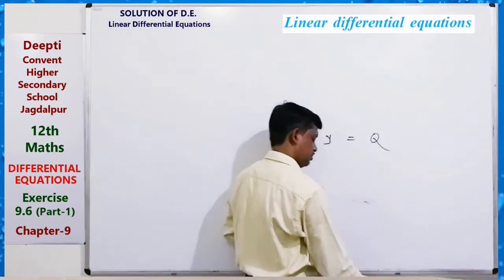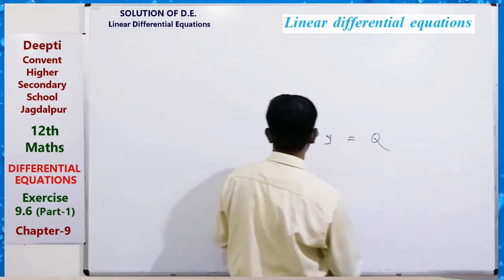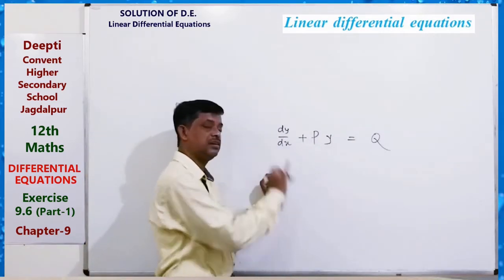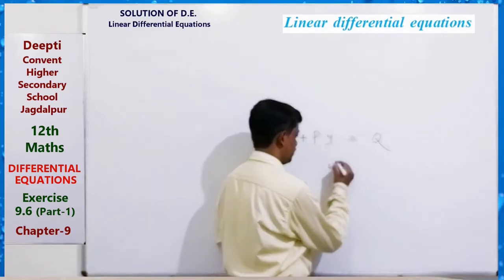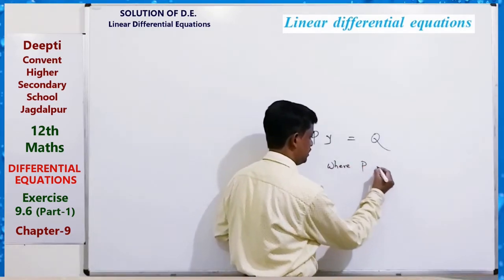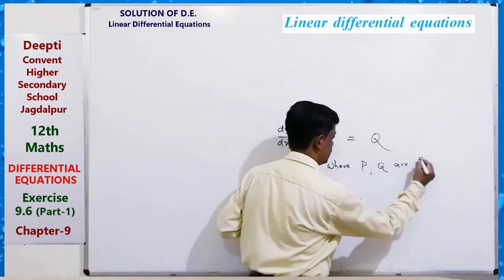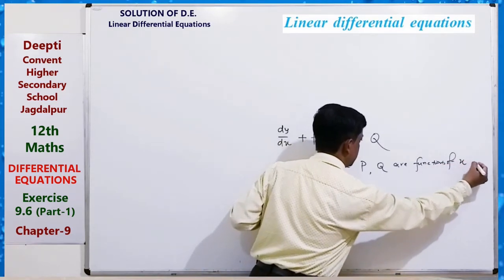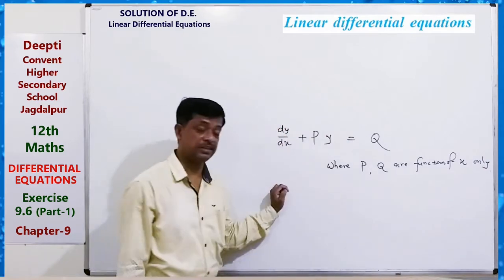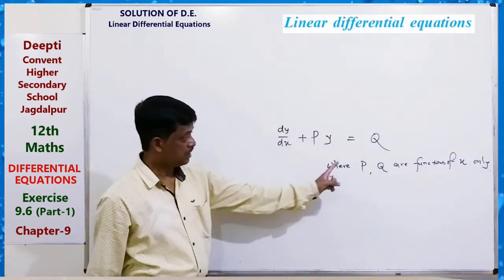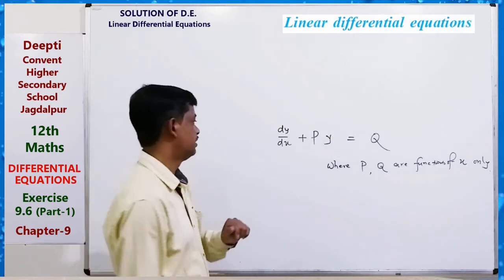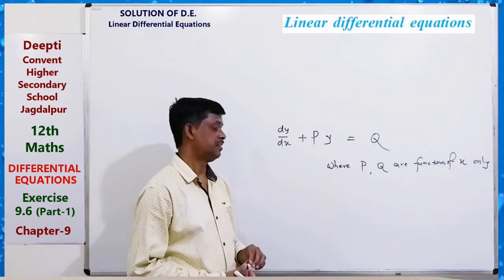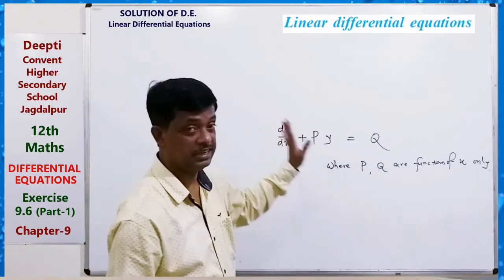So if we can write it in this format, where p and q are functions of x only, not y, then we say that this is the standard form of linear differential equation of first order, first degree.